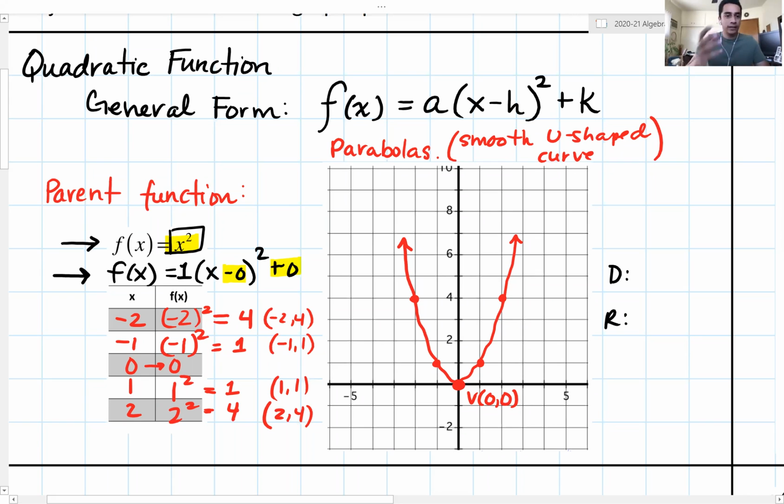But I wrote it in that general form to show you where the vertex comes from. And then I also put the 1 in front to remind you that there's always an invisible constant of 1 there if you don't see it. Okay. I hope that clears it up.